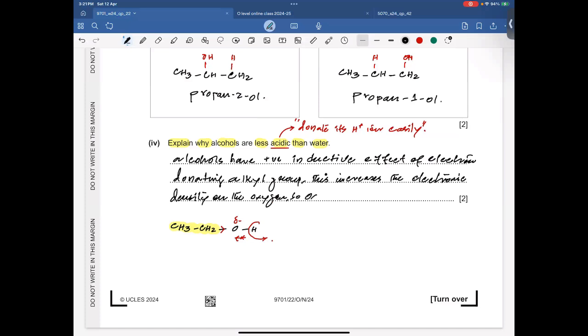So oxygen can't pull the electron from hydrogen. Hence, ionization becomes not easier.